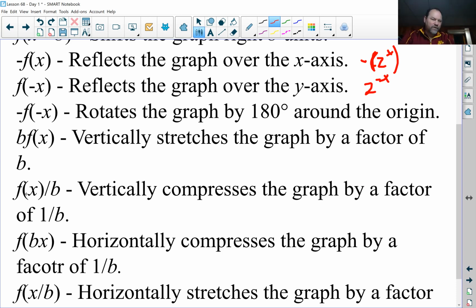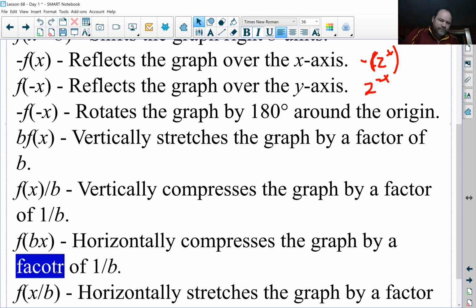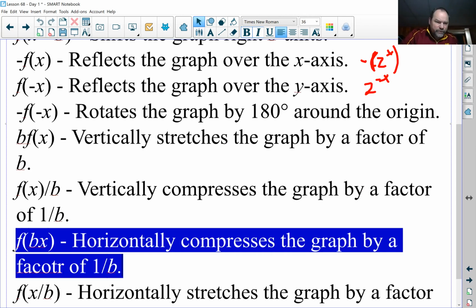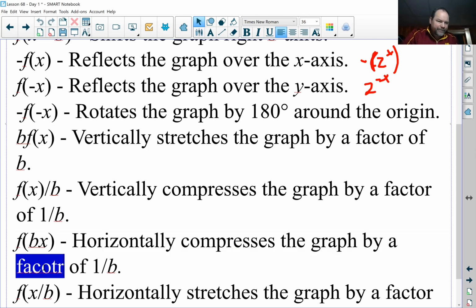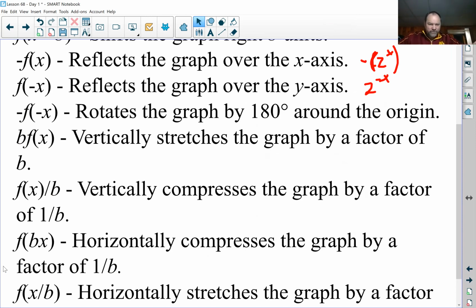If we take our function and plug in b times x, so in this case it would be like 2 to the power of 3x, that is going to compress horizontally, bring it together.